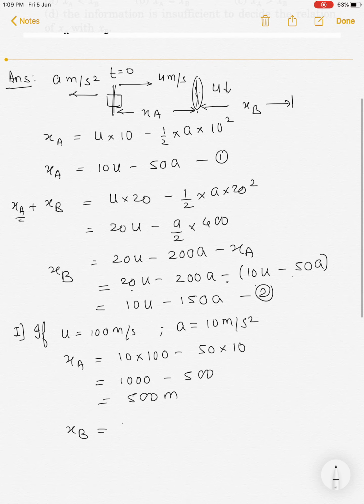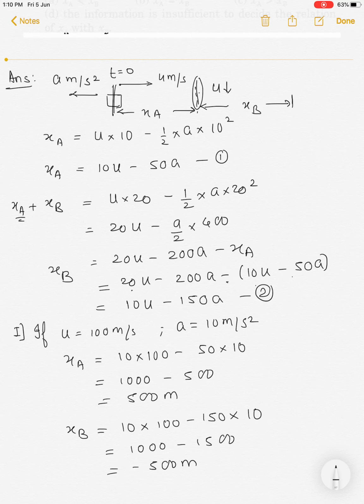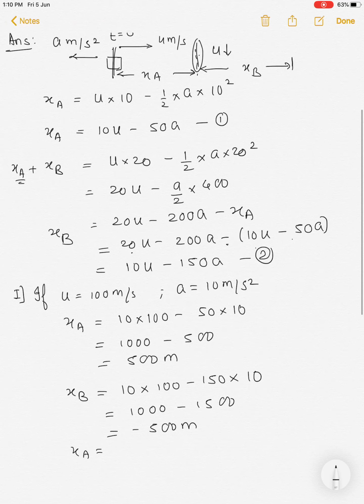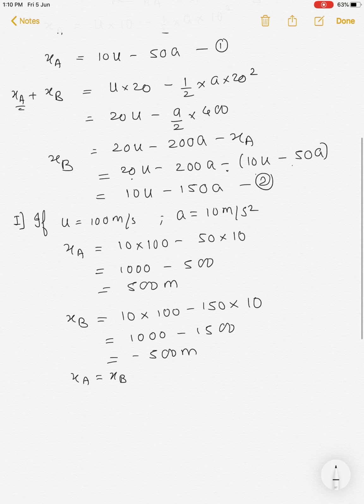And when it comes to xb, it will be 10 into u, that is 100, minus 150 into a, which is 10. So it comes out to be 1000 minus 1500, that is minus 500. So in such a case you will see that xa and xb are equal.